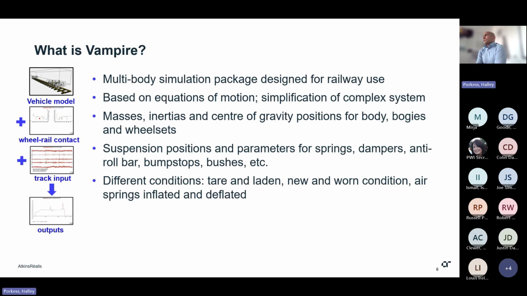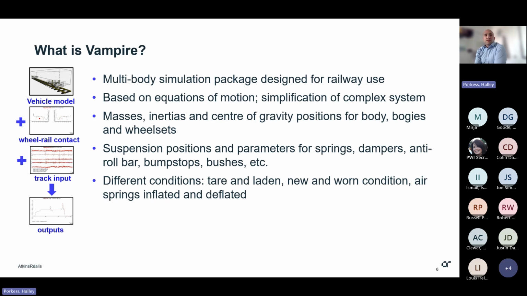A simple vehicle model will have 7 masses. You've got a car body, 2 bogies, 4 wheel sets, and these will be joined together by combinations of springs and dampers. For these masses, we need inertias and centre of gravity positions for all of them.